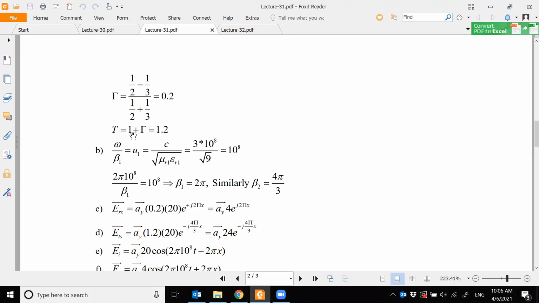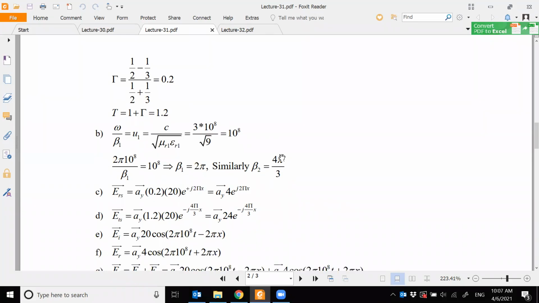This is my phase velocity. c is known, mu r1 epsilon r1 is known, so u1, which is also equal to omega over beta 1, is known. And omega is known, since the frequency is 100 megahertz, so omega will be 2 pi times 100 megahertz. When you put all of this in, you will get beta 1 as 2 pi radians per meter.